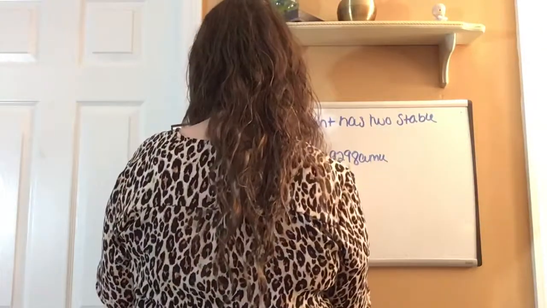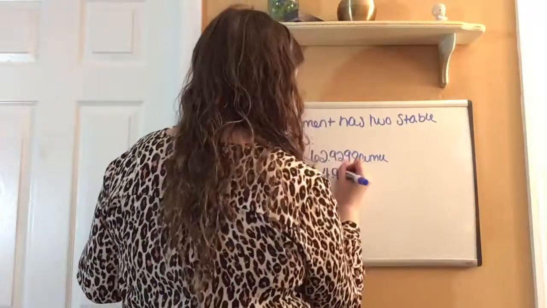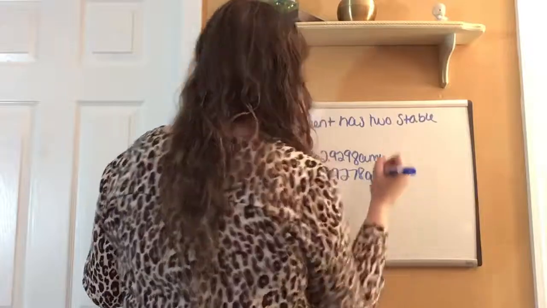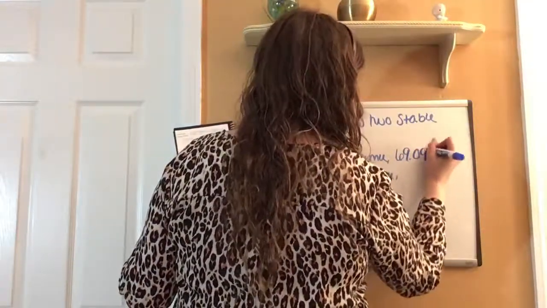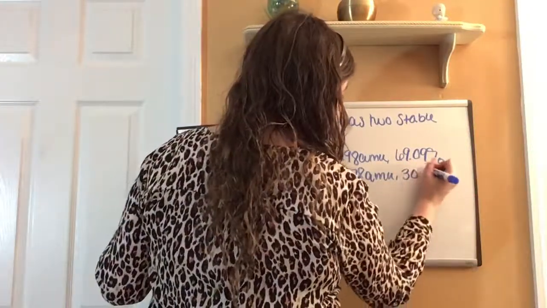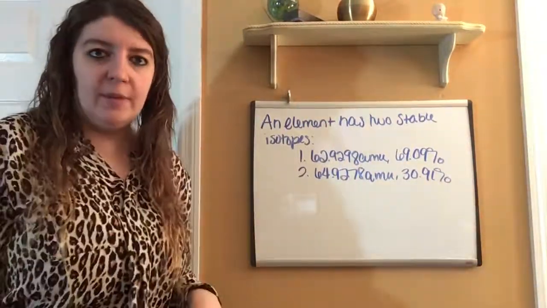The second has 64.9278 AMU. The first natural abundance is going to be 69.09%. The second is going to be 30.91%. Okay? So I'm taking it a step further. I haven't told you the element this time.